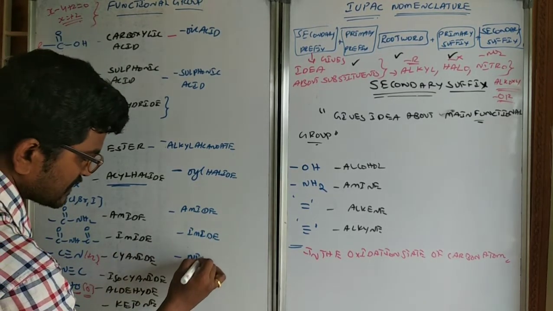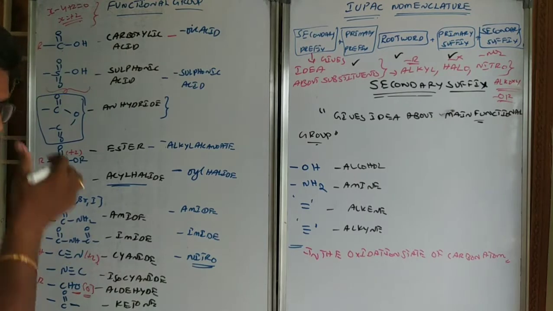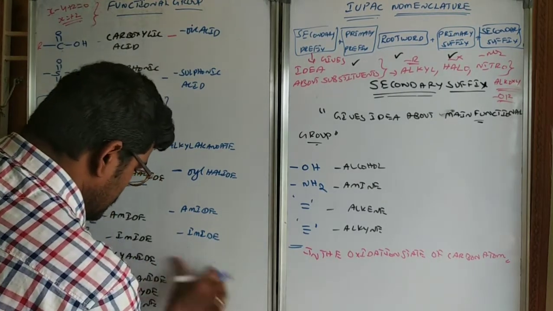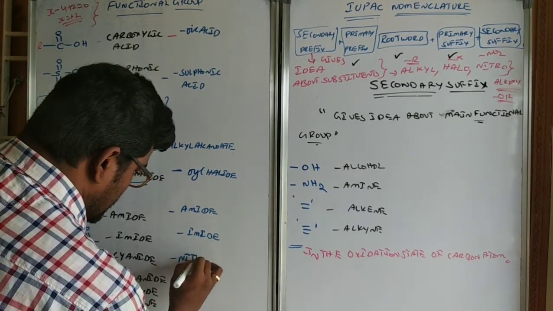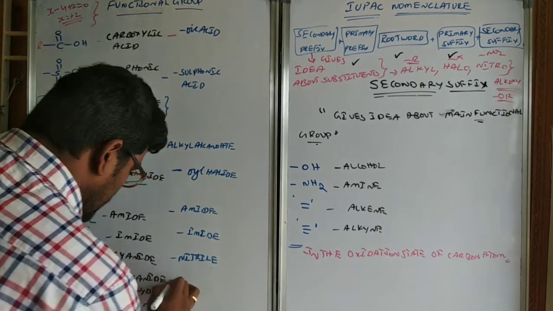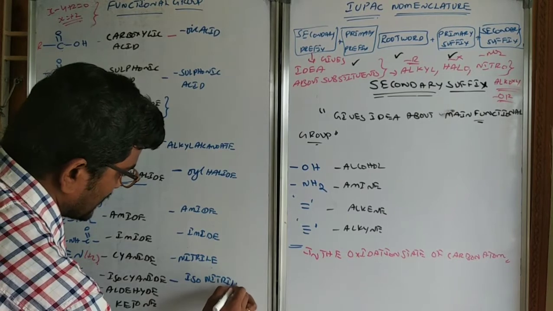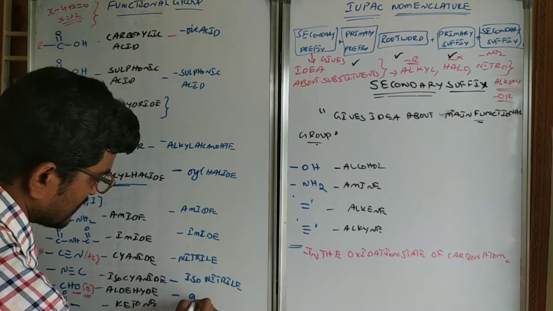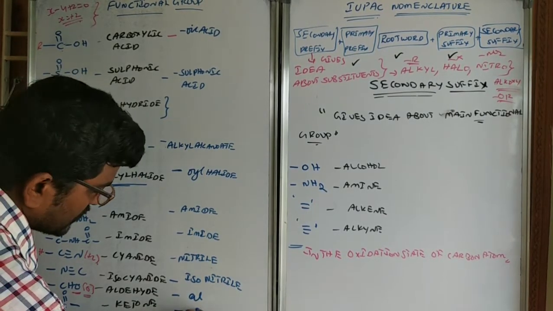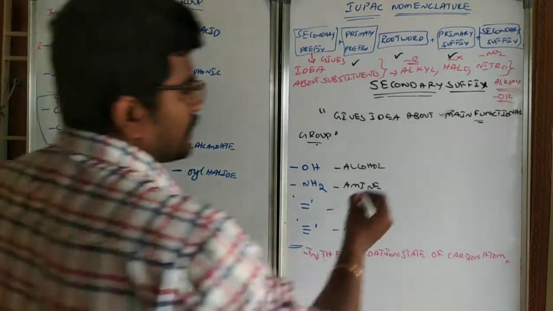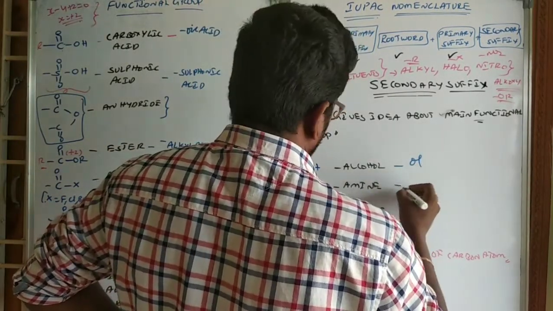If cyanide is there, we use nitrile. And if isocyanide is there, we will use isonitrile. If aldehyde is there, we will use al. Ketone, we will use one. Alcohol, we will use ol.